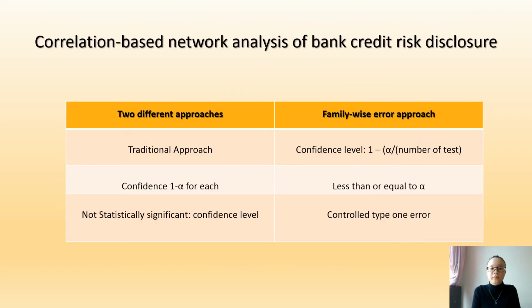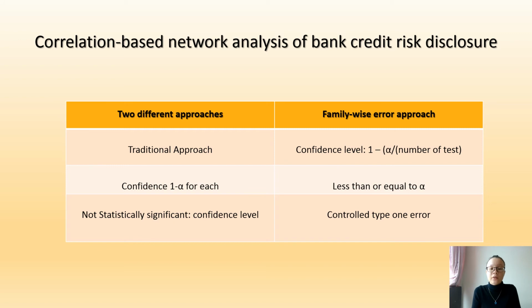The correlation matrix creates a network where banks are the nodes and the correlations represent the links, but it excludes non-significant correlation coefficients. Two different approaches were used to create a statistically validated network. The traditional approach considers each test as a standalone test and sets the confidence level at 1 minus alpha for each.